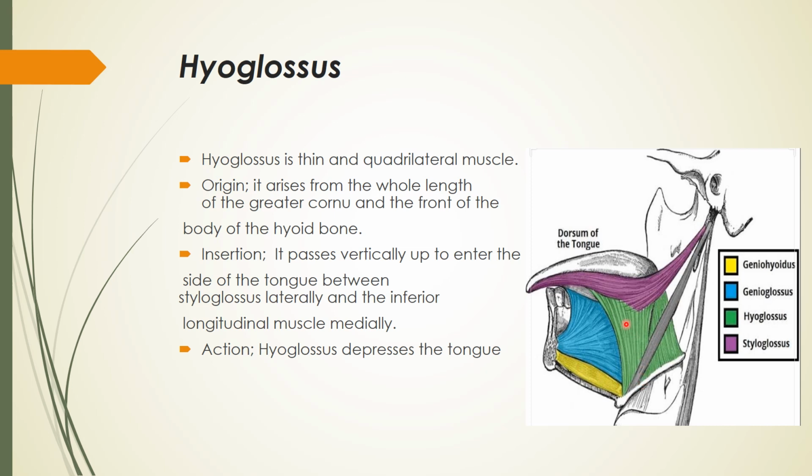It passes vertically up and enters the side of the tongue between styloglossus laterally and inferior longitudinal muscle of the tongue medially. As it is attached to the posterior and inferior part, hyoglossus muscle depresses the tongue.